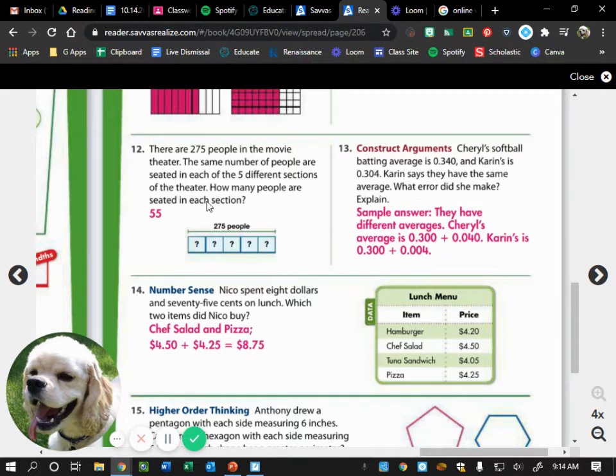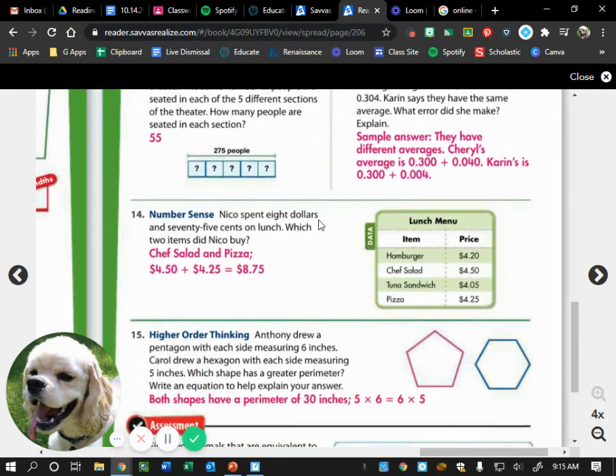And do you notice my book is missing something as a part of its answer? Since this is a word problem, we need a unit. So my book wouldn't have gotten all points because they messed up. 55 people, or 55 people in each section. That would be our full answer for number 12.